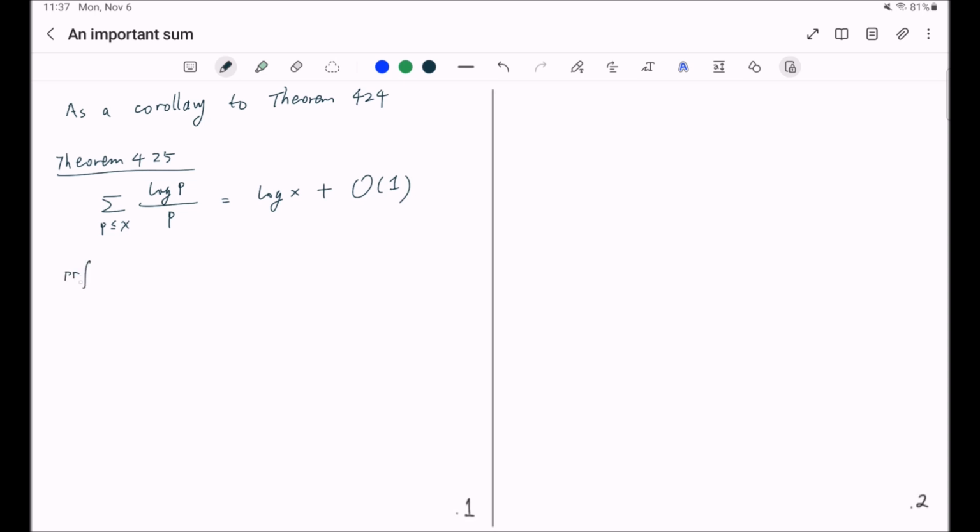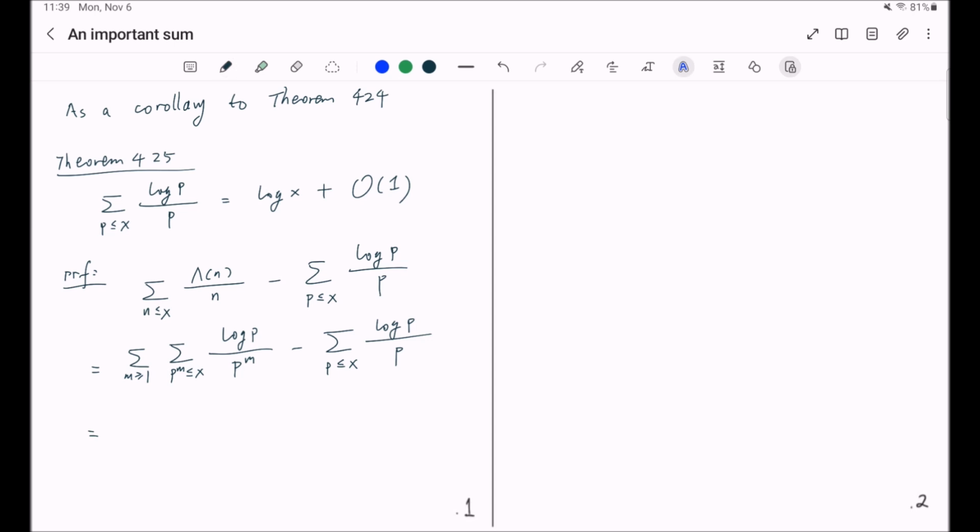To prove this, we're going to look at the difference between the two sums, and now we'll rewrite the first sum in terms of log of p. Remember, we did this before. This is nothing but the definition of lambda of n, because lambda of n is log of p if n is a power of p. Otherwise, it's 0. So they are equal.